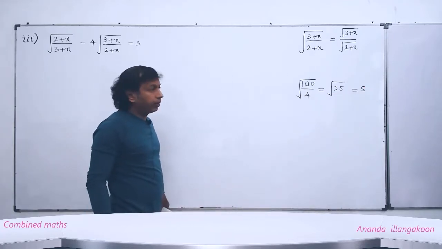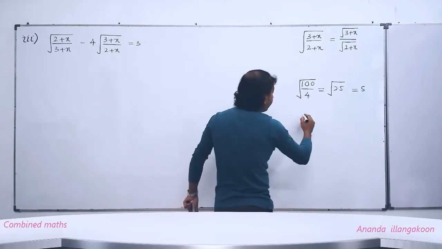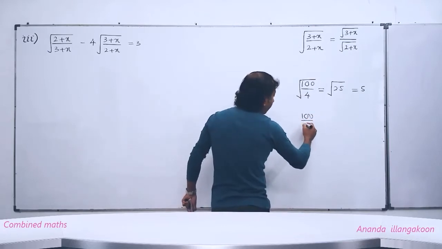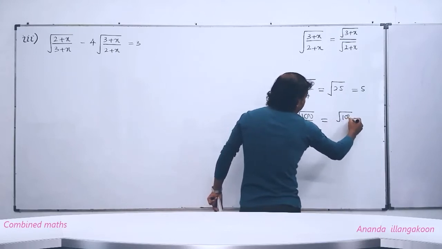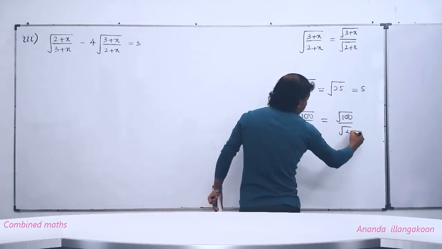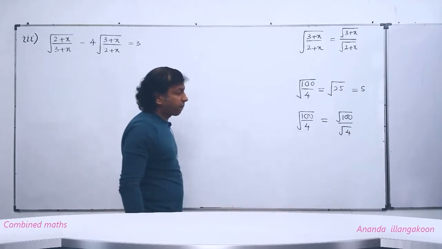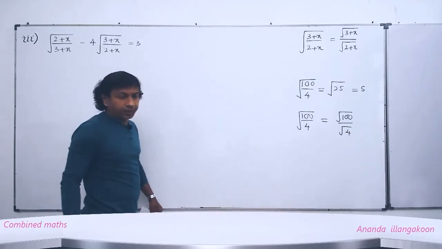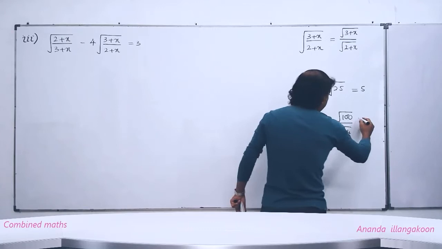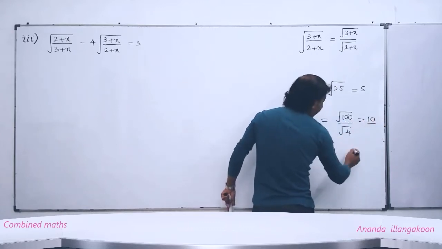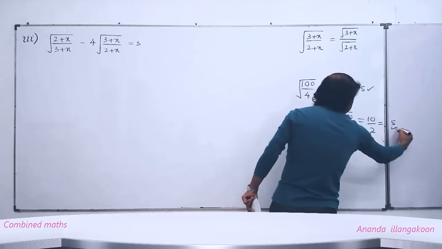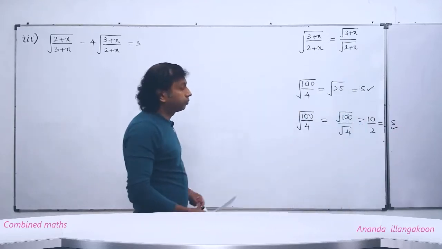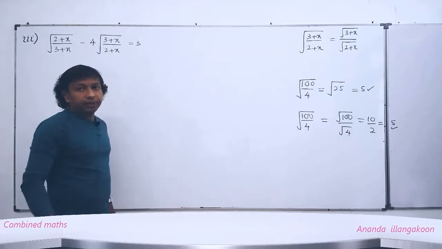Okay. Now, what if we do it this way? The root of 100 divided by 4, I write this one. How, people? Root of 100, root of 4. Root of 100 is 10. Root of 4 is 2. 10 divided by 2 is 5. The same answer comes. Like that, we can write over there.